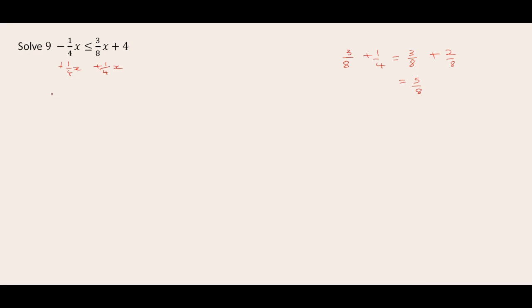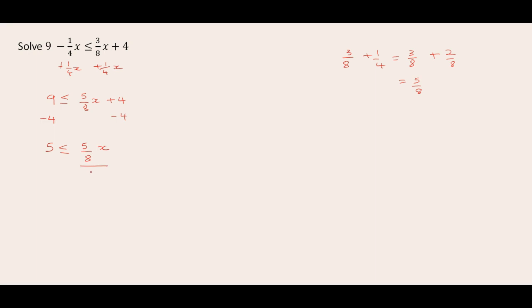So now we have 9 is less than or equal to 5 over 8x plus 4. Now we subtract 4 from both sides. That gives us 5 less than or equal to 5 over 8x.